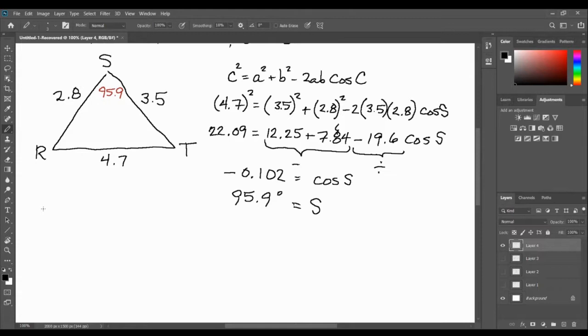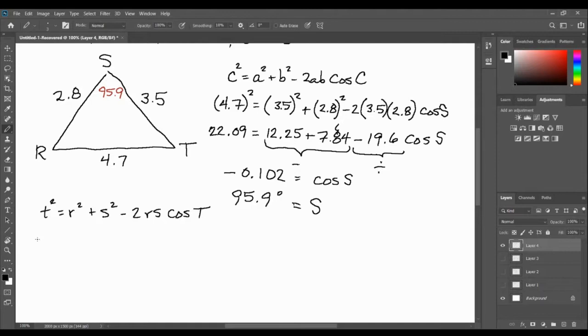So if I'm plugging in the other letters, t squared equals r squared plus s squared minus 2rs cosine t. The most important bit is that I get the letters the same on the outside of law of cosines, and the other two letters fit into those spots.